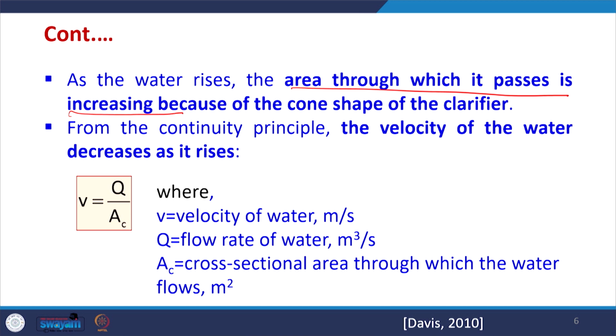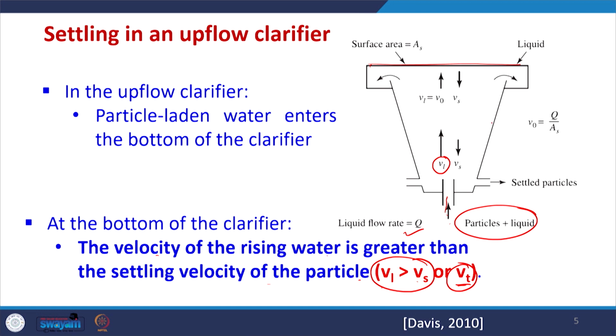We can see the area is continuously increasing because the flow rate is the same and the area has become greater, so the velocity of liquid becomes lower, and its ultimate minimum velocity is at the top surface area, which is AS. So, V0 is the velocity the liquid can reach there.